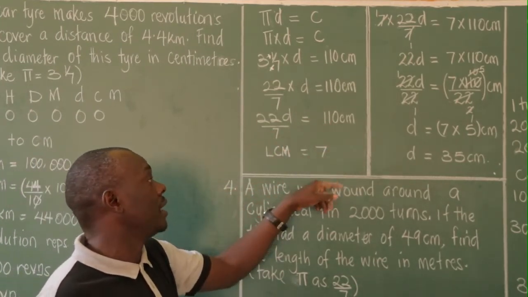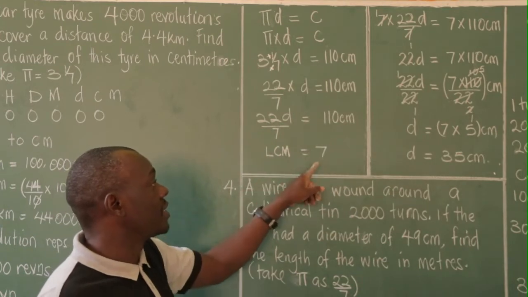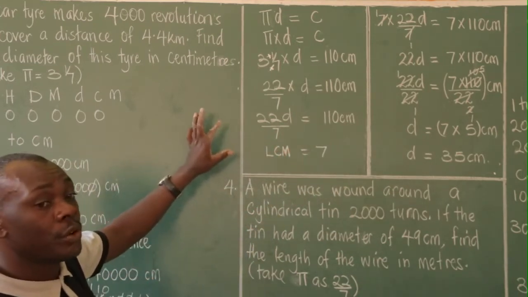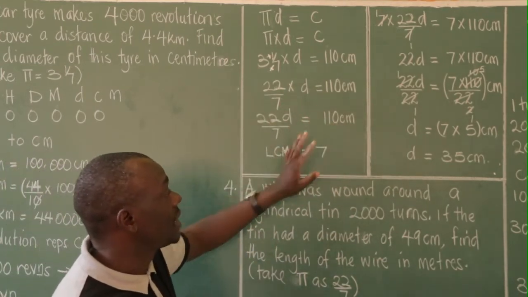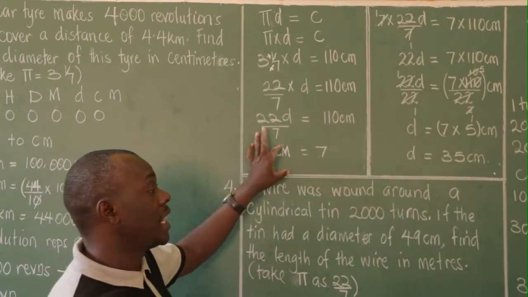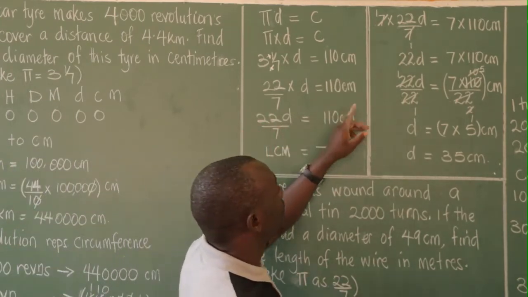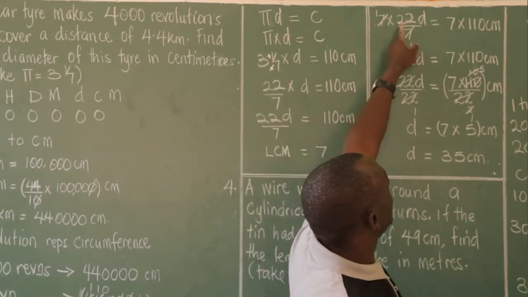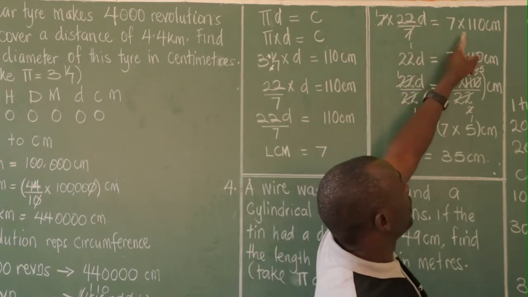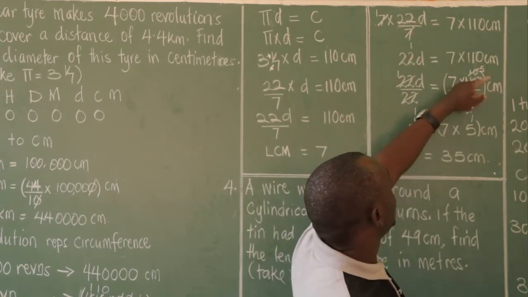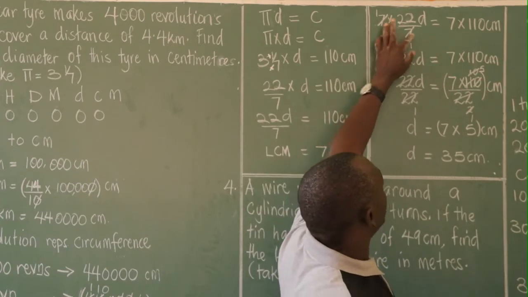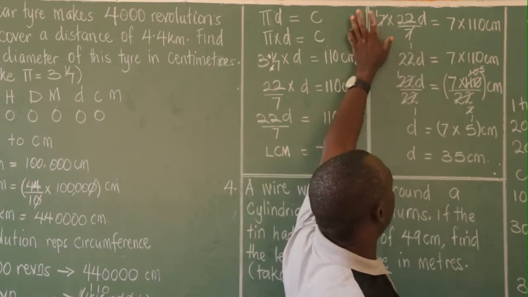Remember, this is out of 1. So the LCM of 7 and 1 is 7, distributed between the two parties. Let each party be multiplied by the determined LCM, thereby writing 7 times 22d out of 7 equals 7 times 110 centimeters. Then cancel by 7, or divide by 7 once.